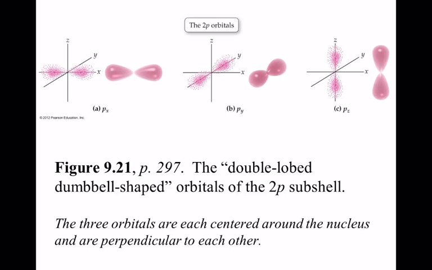So it's kind of fun spatially. If you think of x, y, z coordinates, we have a pair of lobes along the x, plus and minus. We have a pair of lobes along the y, plus and minus. We have a pair of lobes along the z, plus and minus. I don't know what we'd do if we had a 4th orbital, where we'd put that. But I just think that's so cool. Electrons totally rock.